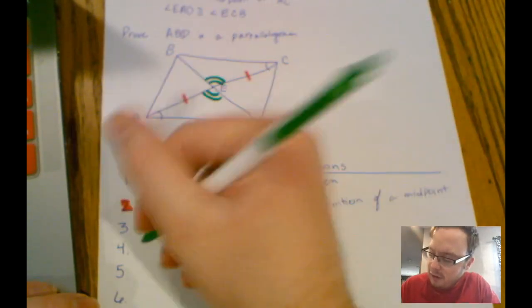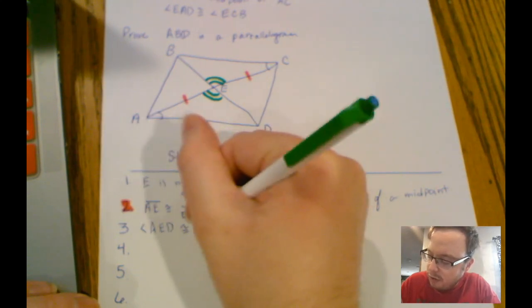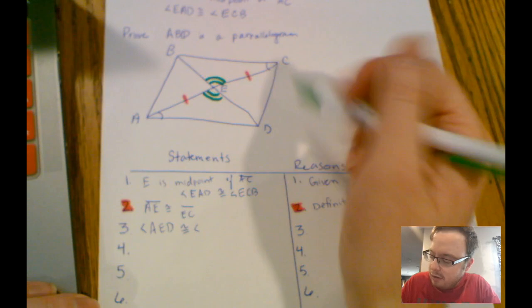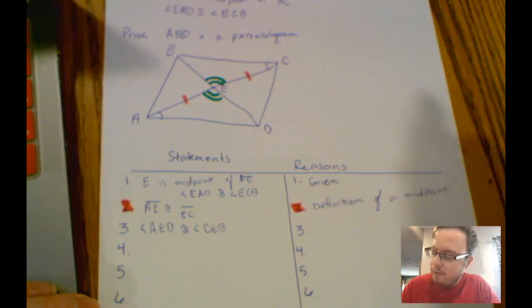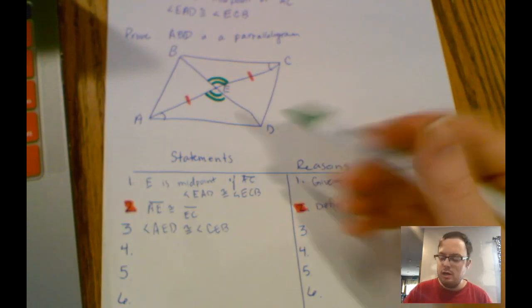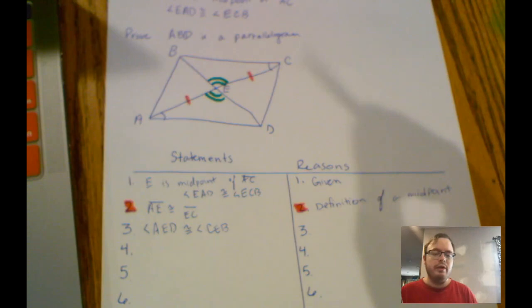Let's put that on there first while I let you think. Angle AED is congruent to angle CEB. We know that these two angles are congruent. Let's see if you have it right.